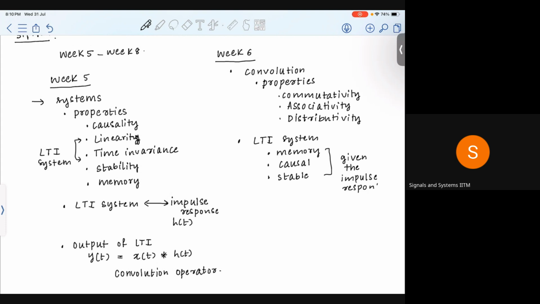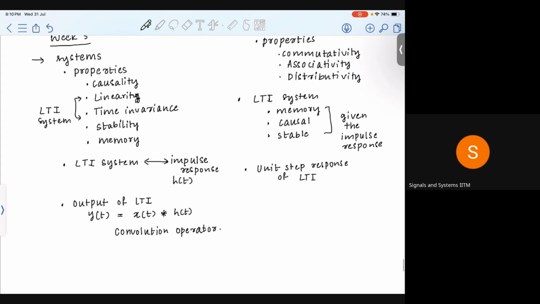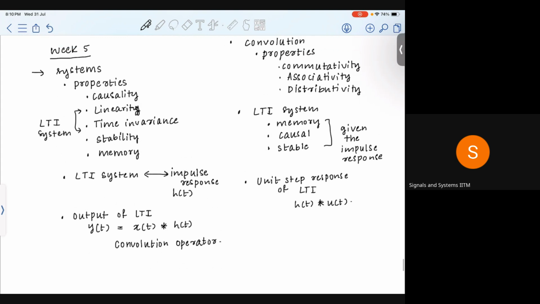We have also seen something known as the unit step response of an LTI system. This is nothing but the impulse response convolved with the unit step function u of t. So these are certain things that we have seen in week 6.